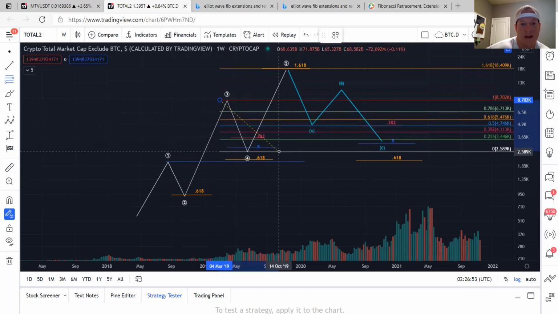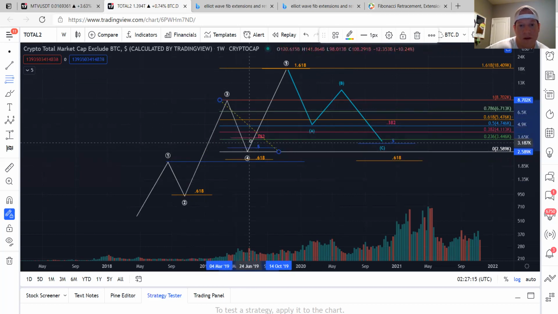But I really like catching wave 2s and playing them up to 3s. I try not to play wave 5s, but a lot of people do. And if you do, your fib retracement tool, your target would be top of 3 down to bottom of 2.